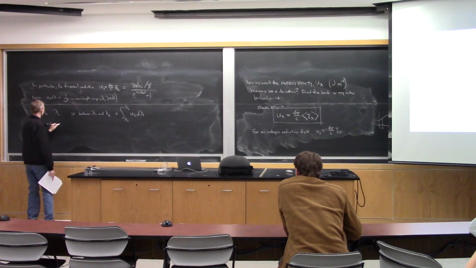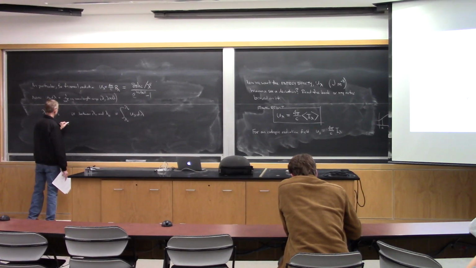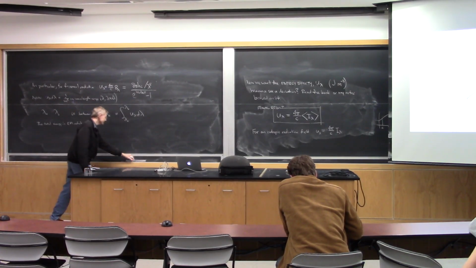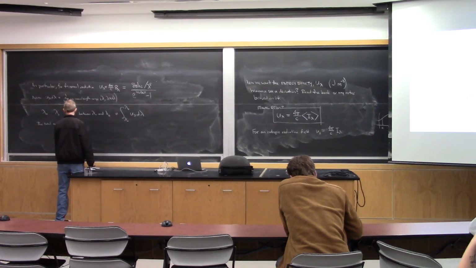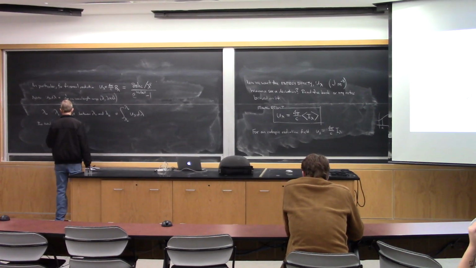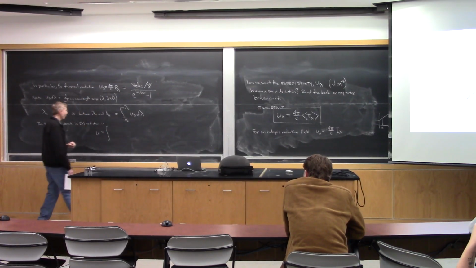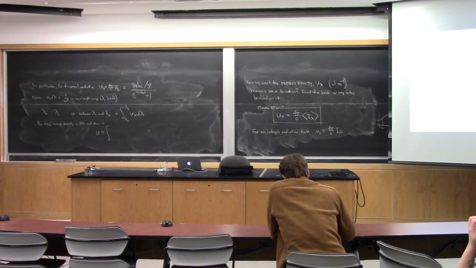So the total energy in EM radiation, total energy density, I should say, because it's per volume, is going to be U equals, if I want all of it, what's my range of wavelengths?